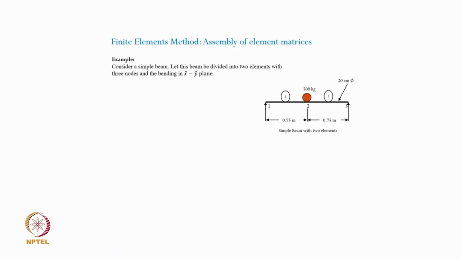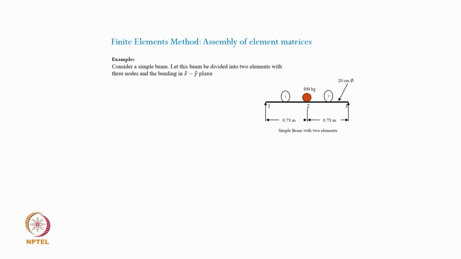Okay, having seen the individual element stiffness matrix, let us now understand how these element stiffness matrices are assembled to represent the global vibratory system, or a system which is being modeled through the discretization using finite elements.